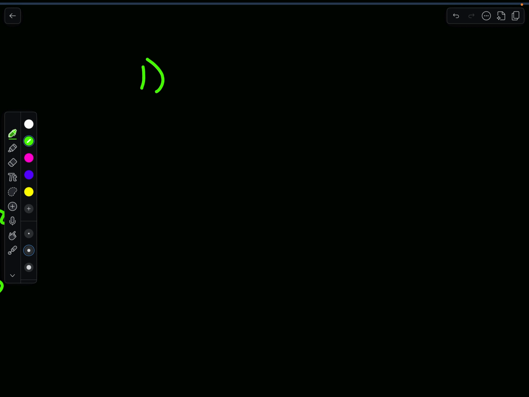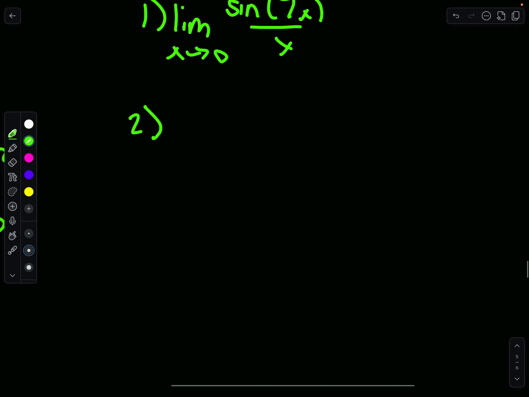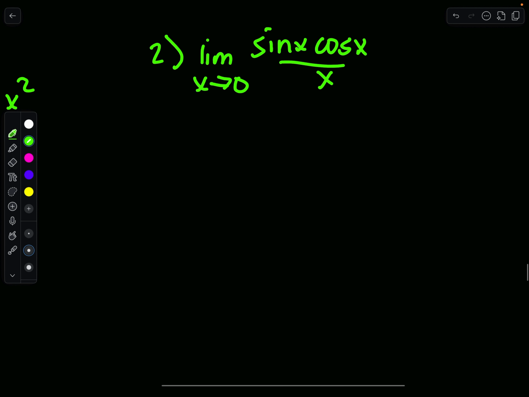Number 1, the limit as x goes to 0 of sine 7x over x. Number 2 is the limit as x goes to 0 of sine x cosine x over x.